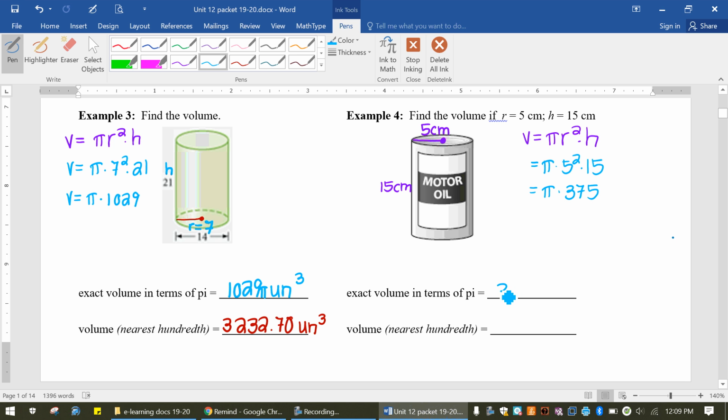So as an exact answer, this is 375 pi, and our units were centimeters cubed. And typing this into our calculator, we type in 375 pi, or go back to your original, type in pi times 5 squared times 15, and you'll get 1178.10 centimeters cubed.